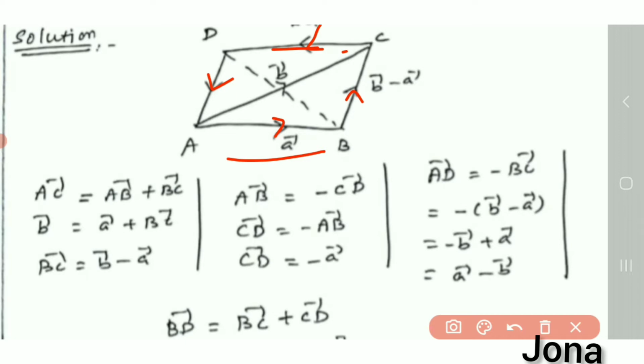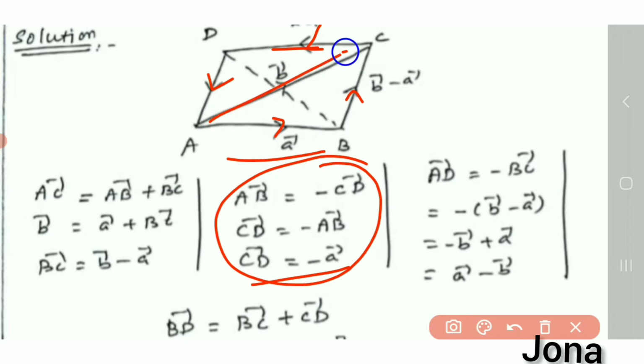So we can easily say AB equals minus CD. So CD is minus A. So we conclude this one opposite side. Then AC is B vector and AB is A vector. From these two we can easily find the side BC.